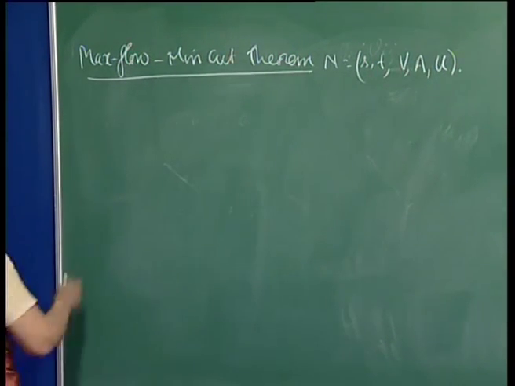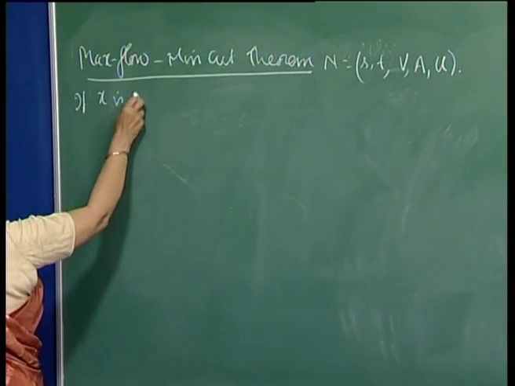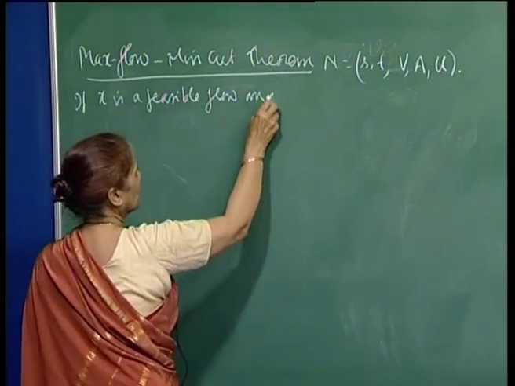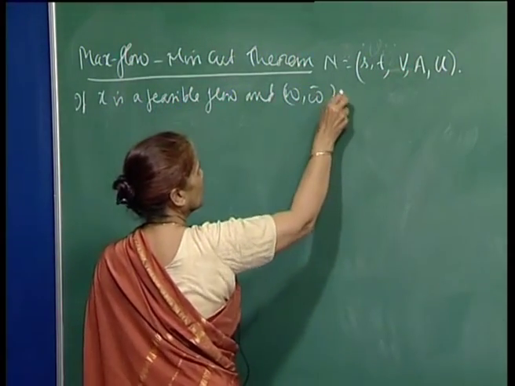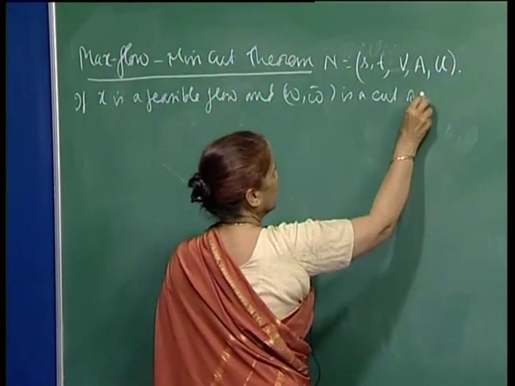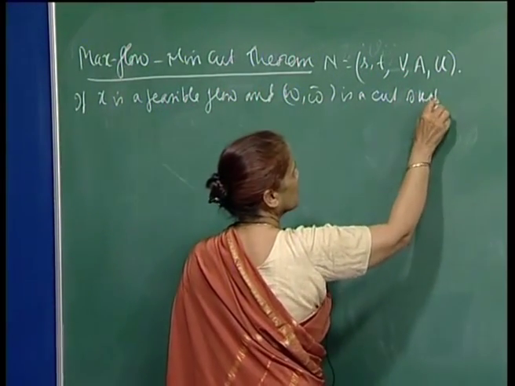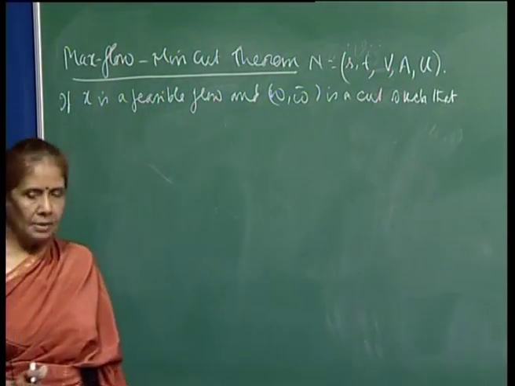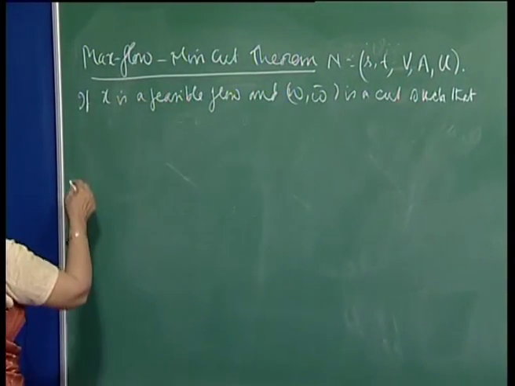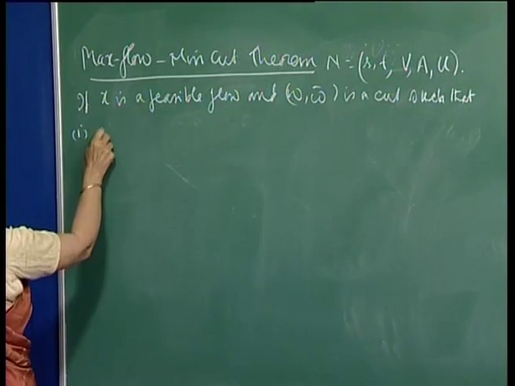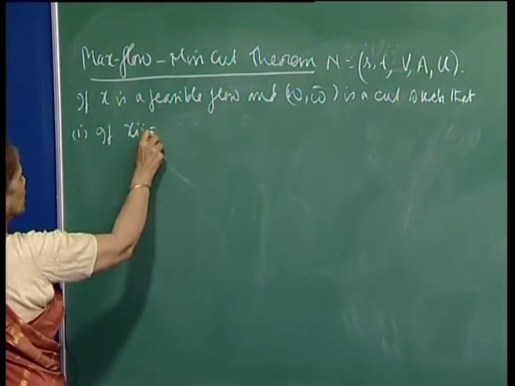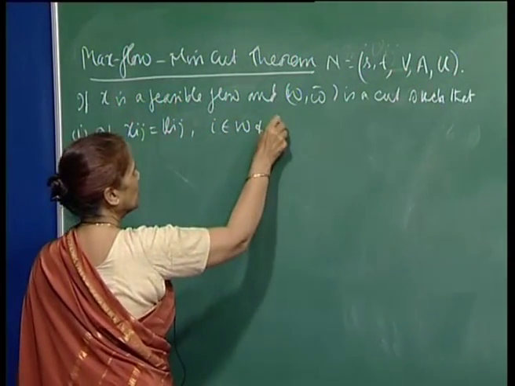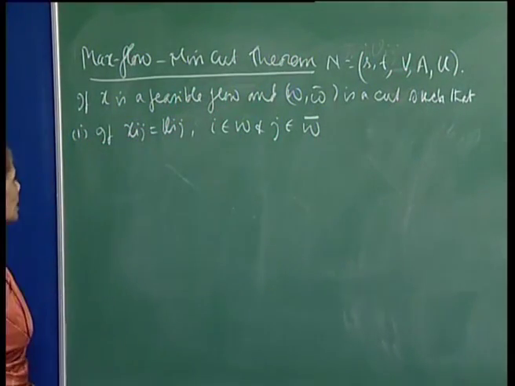We say that if X is a feasible flow and W bar is a cut such that, I am given a feasible flow and I have a cut W bar such that if Xij is equal to Uij, then i belongs to W and j belongs to W bar.